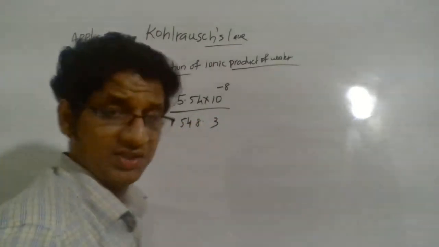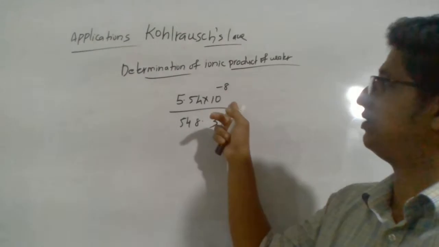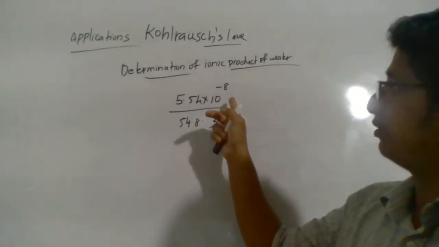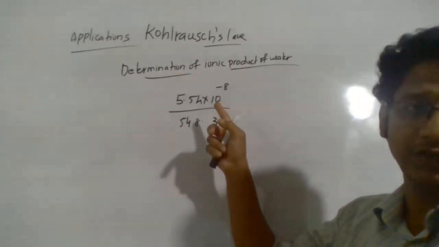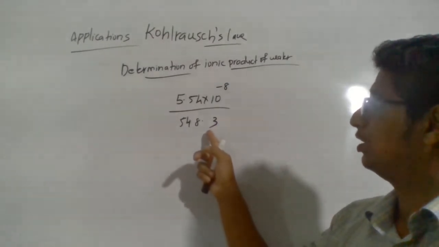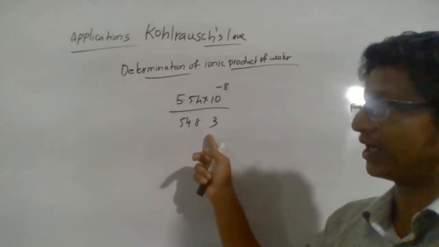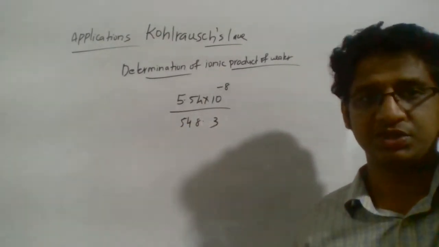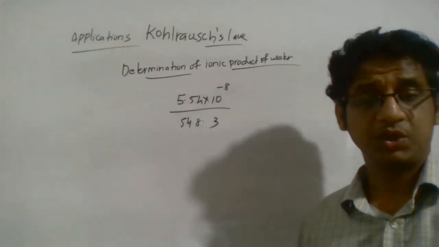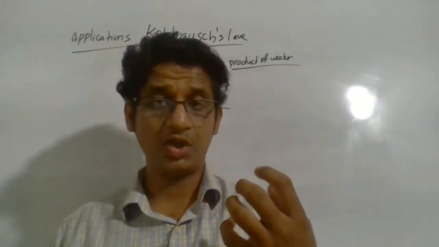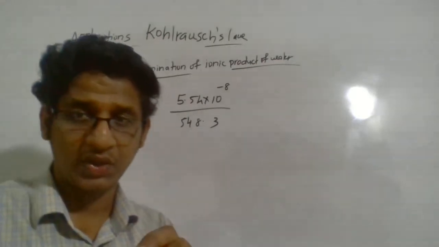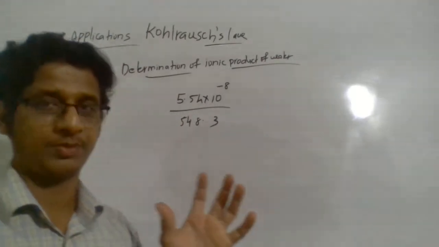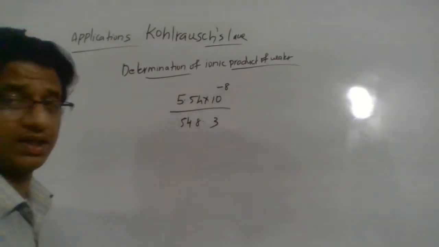What are these values? This is the conductivity of water at a unit volume, and this is the molar conductivity of water at infinite dilution. Dividing these two, you actually get the concentration of ions in a unit volume. Talking about 1 centimeter cube, you get the value.